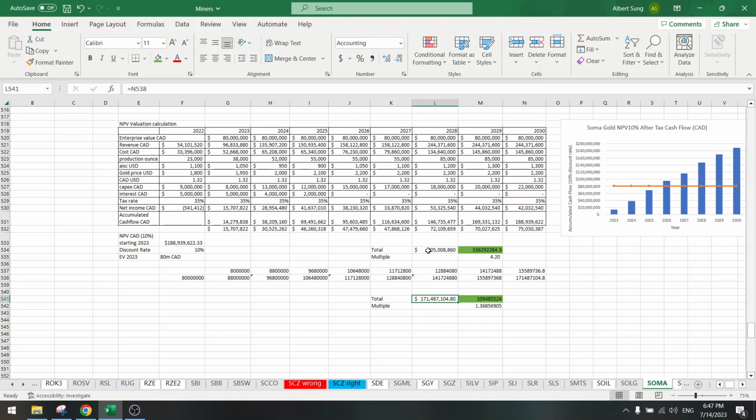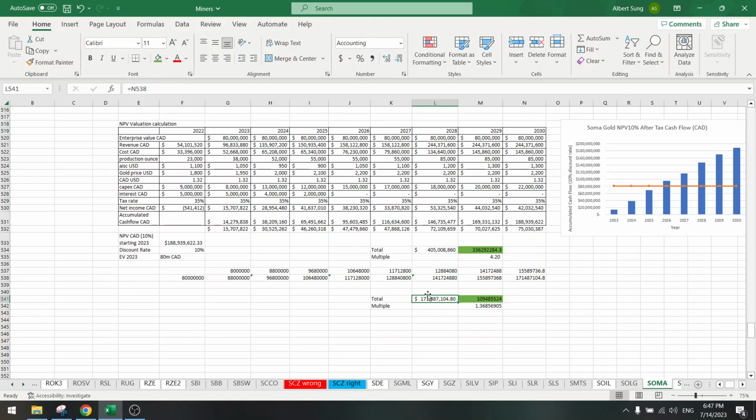And you can see already that my bonds are going up in value from 109 to 171. And this is going up as well from, what's this, 336 million to 400 million. But still, Soma Gold is still more valuable.